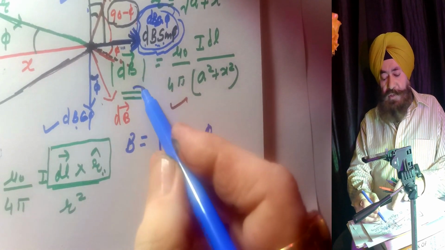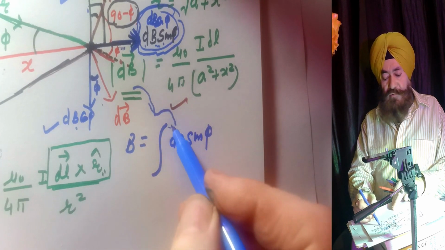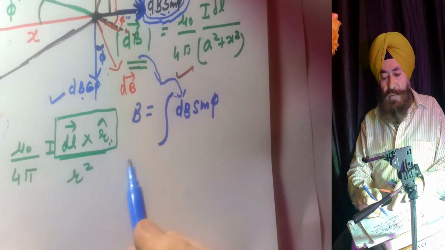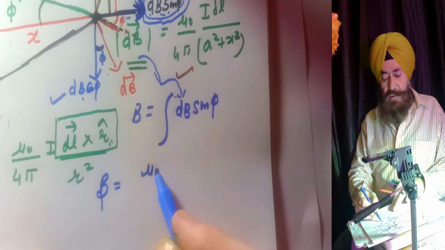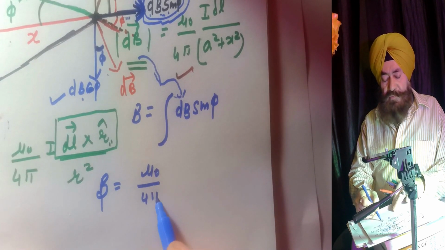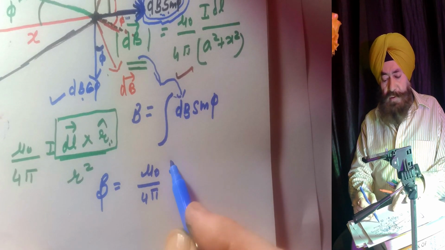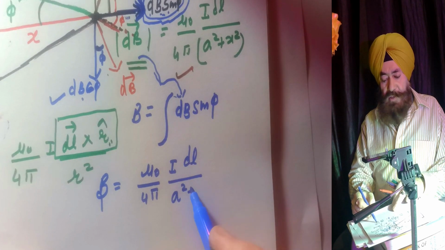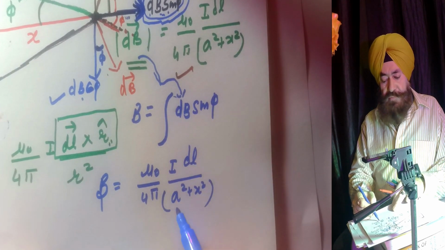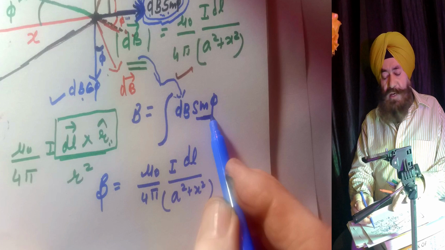So substituting here the value of dB, B becomes mu naught over 4 pi, I dl upon a square plus x square. Then I am having sin phi.